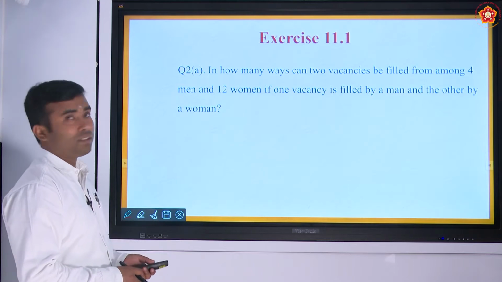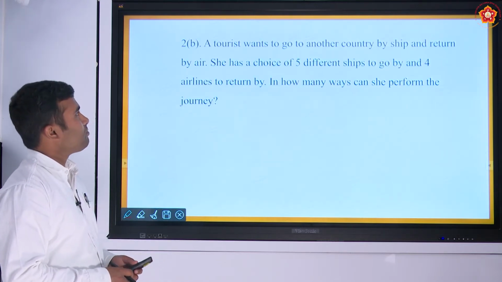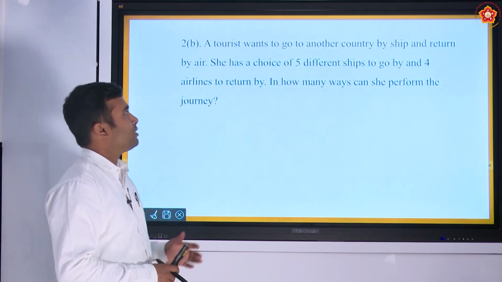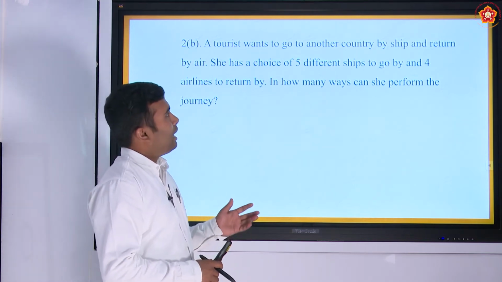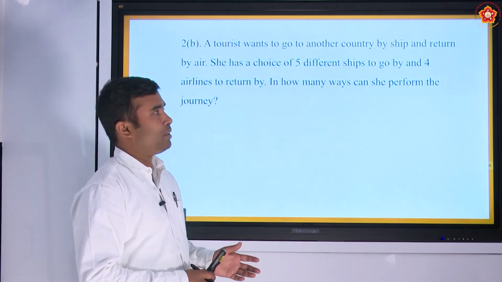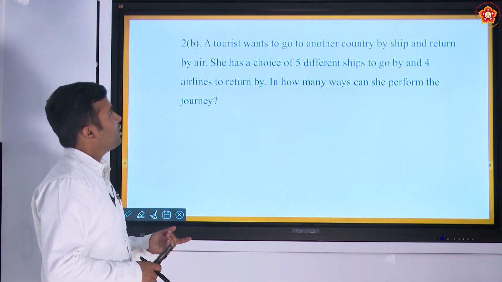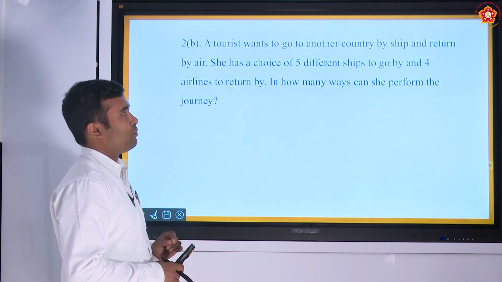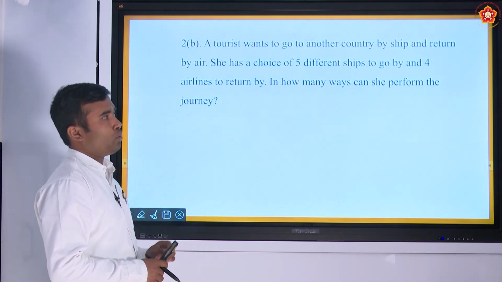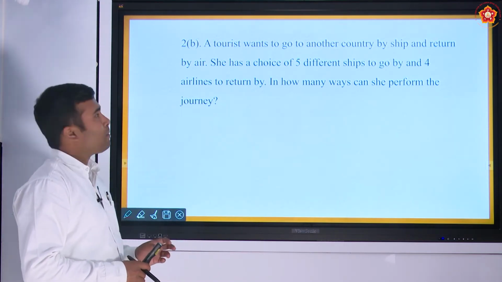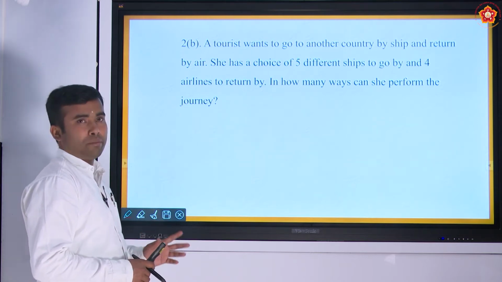We will move on to the next problem. A tourist wants to go to another country by ship and return by air. She has a choice of 5 different ships to go by and 4 airlines to return by.